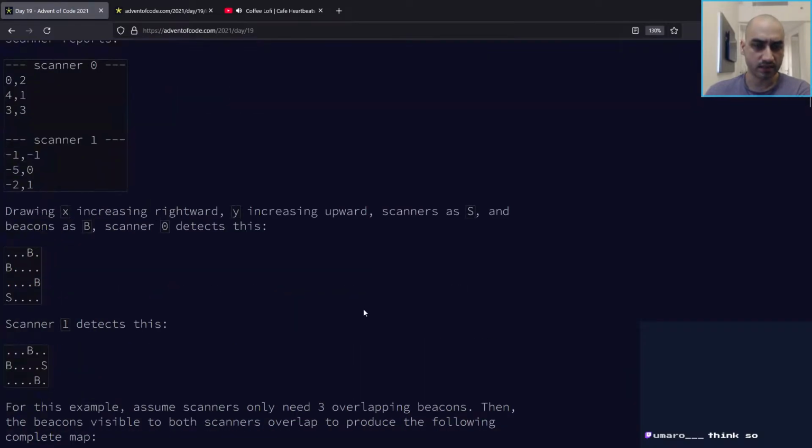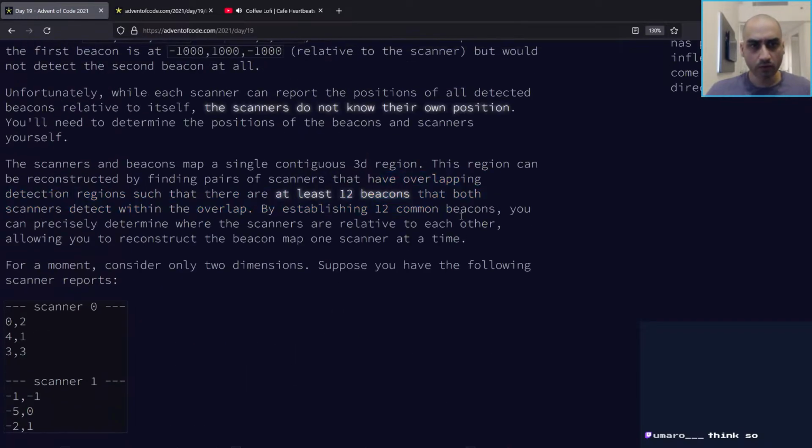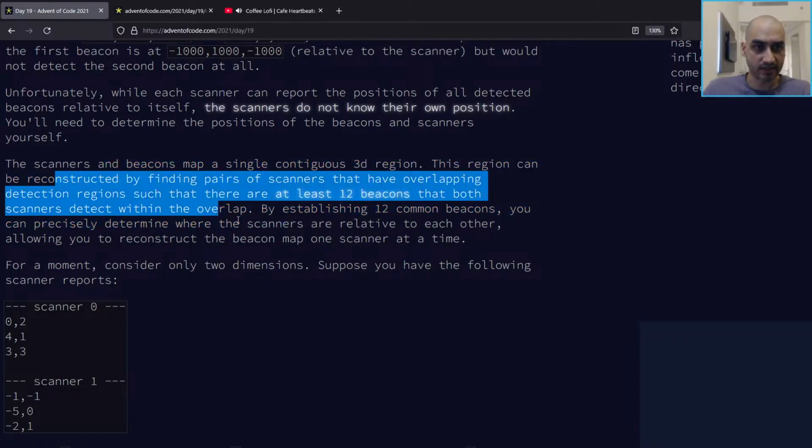Like, you only need 3 overlapping beacons in order to... I mean, are they saying that every pair of scanners have 12 beacons in common? I don't really understand this paragraph.